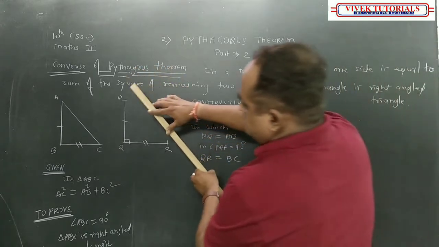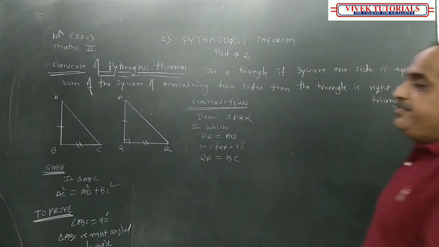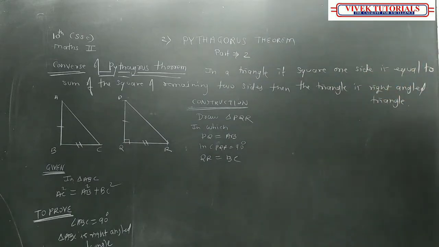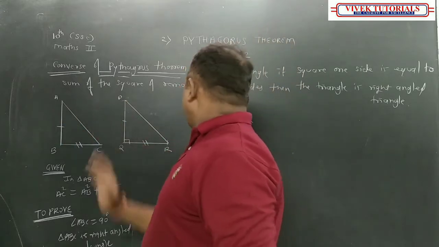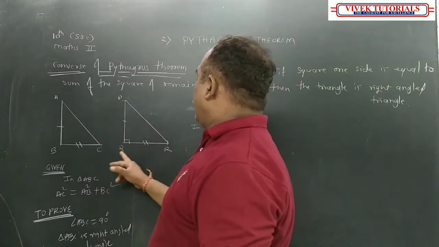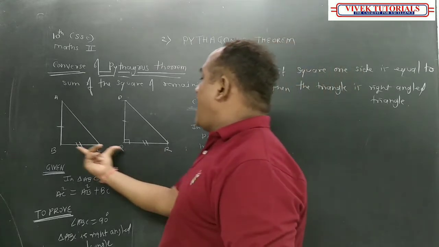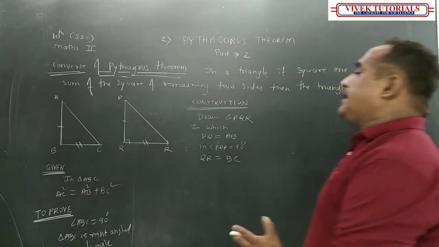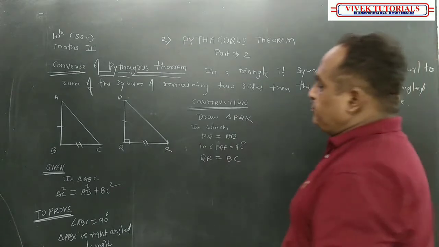And I will check this. Okay, so what construction did we do in triangle PQR? PQ is equal to AB, angle PQR is equal to 90 degree, and QR is equal to BC.